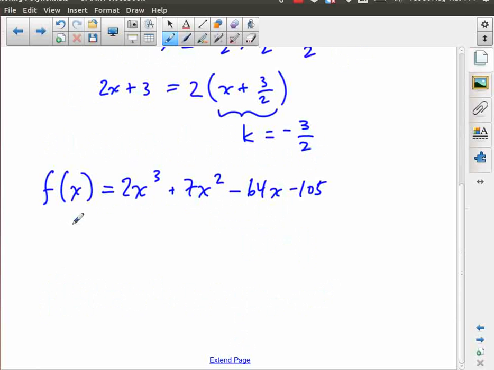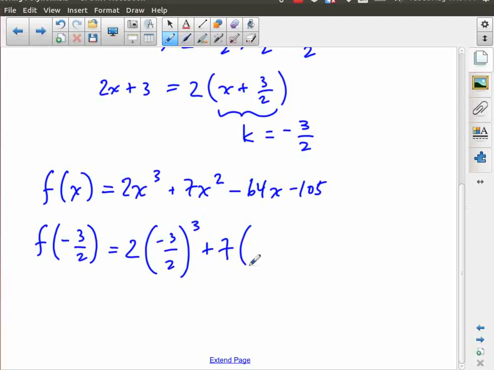So now I'm going to figure out what is f of negative 3 over 2. And this could get quite involved. 2 times negative 3 over 2, all cubed, plus 7 times negative 3 over 2, all squared, minus 64 times negative 3 over 2, minus 105.